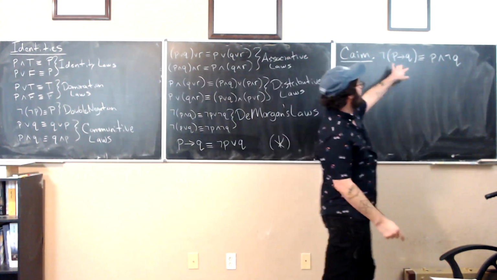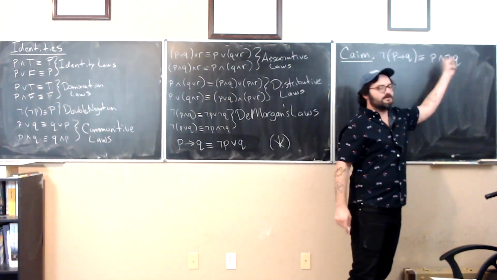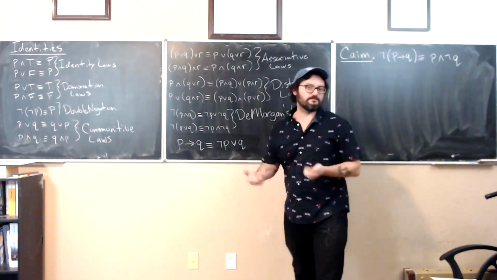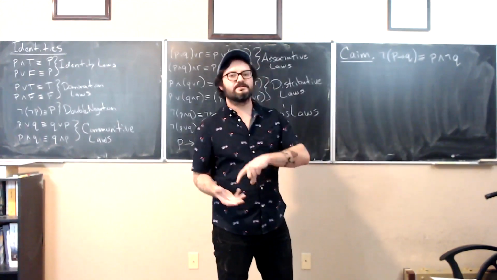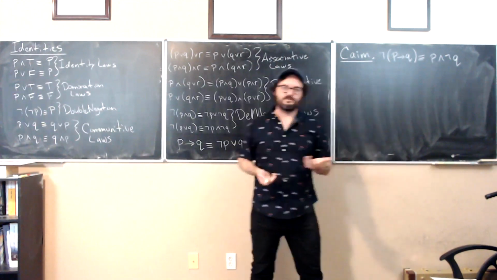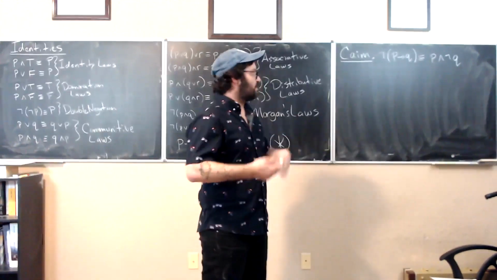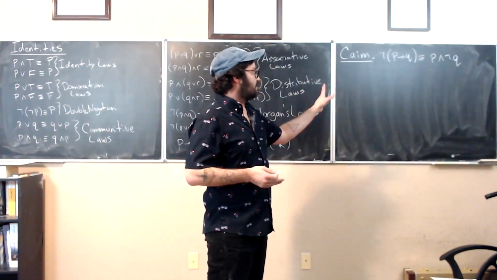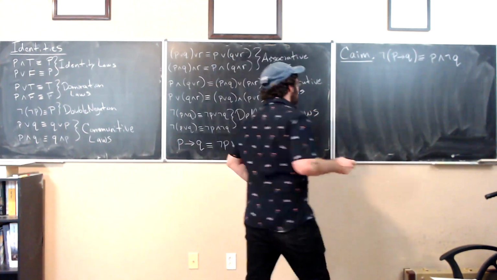The negation of the conditional is equal to this. So if we assume that and do some logical reasoning and get something that's false, the original conditional must be true. That's the negation of it. And propositions are either true or false. But that's ahead. Let's just argue why this is true.